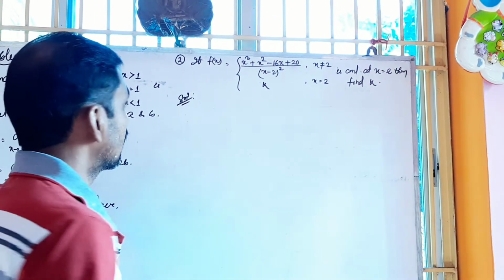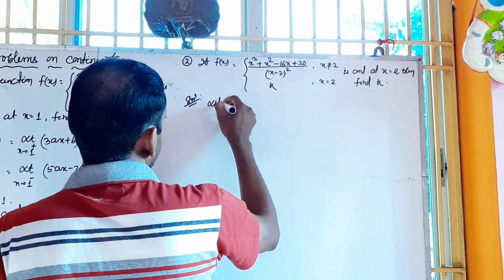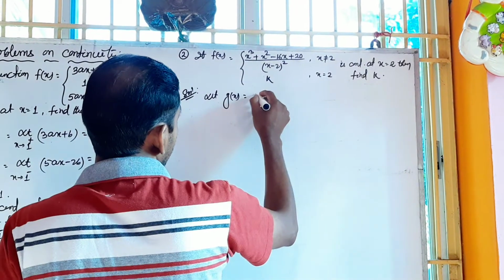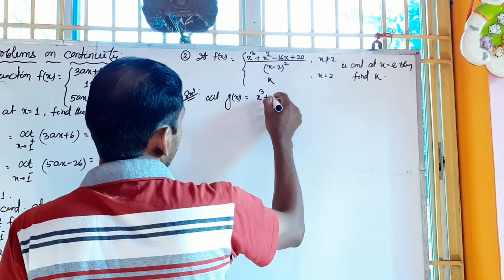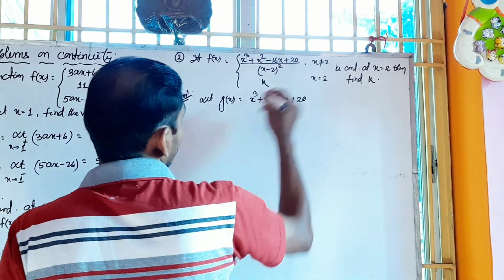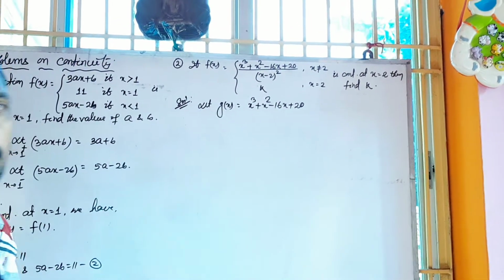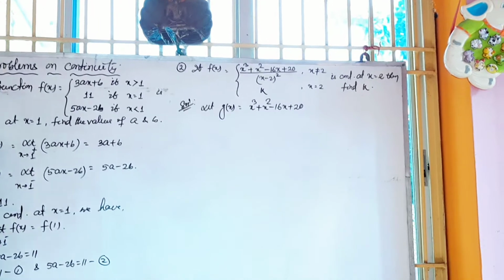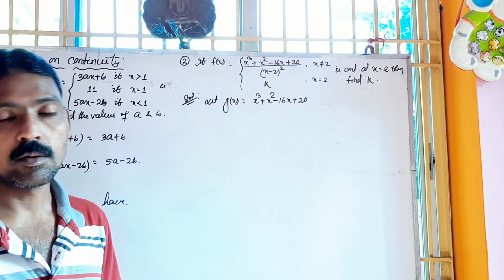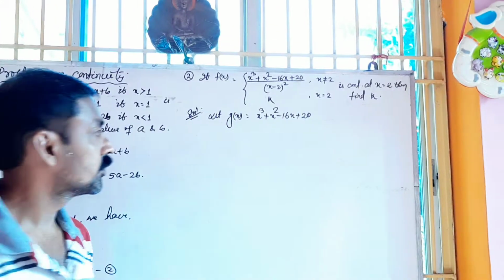And here we will take let g of x be x cube plus x square minus 16x plus 20. We have to factorize it. Now being a cubic polynomial, you cannot factorize it directly, so we will use the factor theorem.